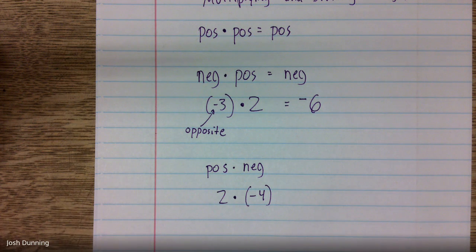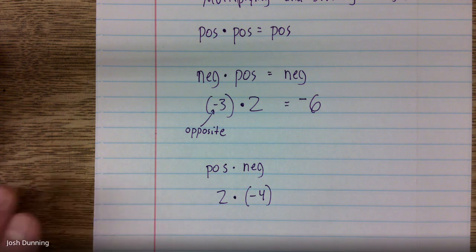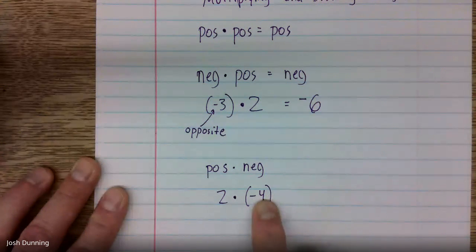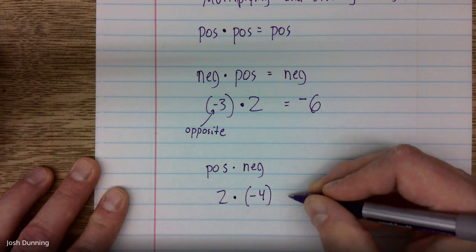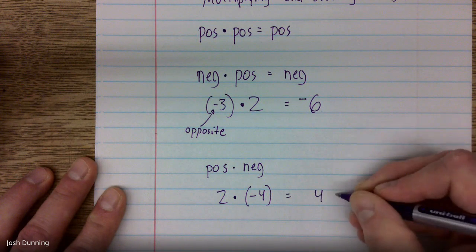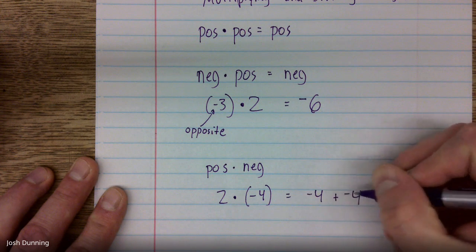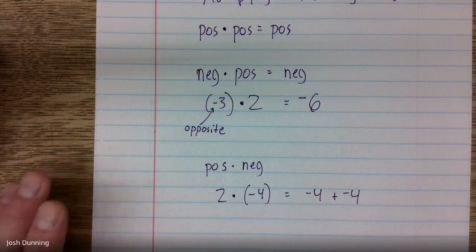When you multiply something, what you're doing is adding it to itself. 2 times 4 is 4 plus 4. You add 4 twice to itself. But this isn't just 4, it's -4. So here's another way to think about it.